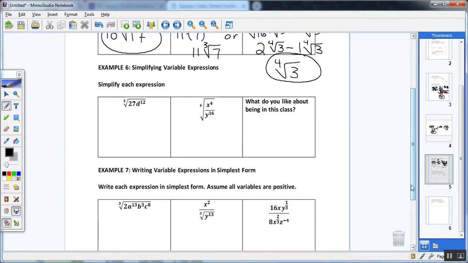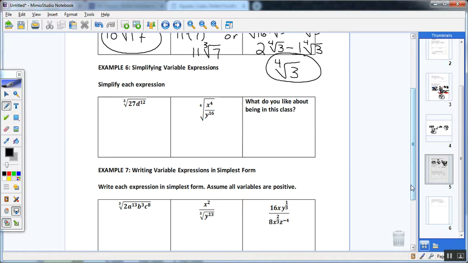Let's go to 6. Simplifying variable expressions. All of a sudden we have roots and we have stuff underneath. Okay, here we go. Kids, when you start doing stuff like this, this is what I want to tell you right here. 27d to the 12th. What root are we taking?